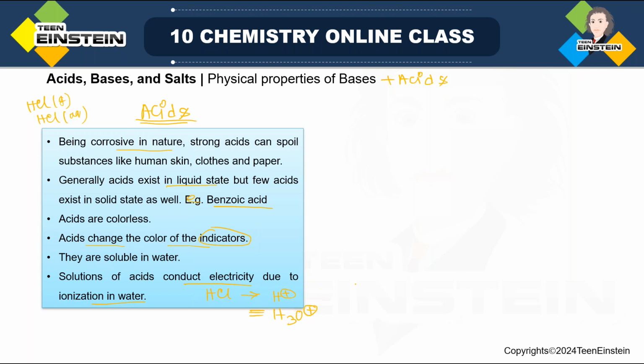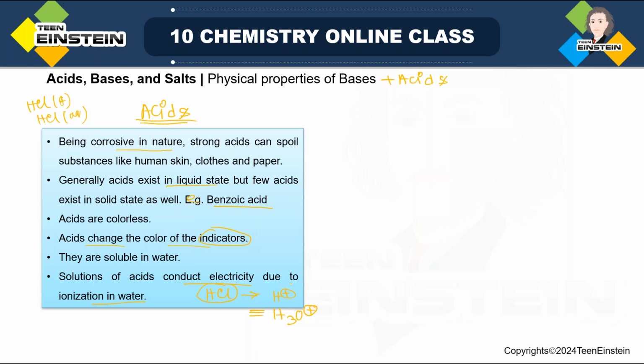So what I'm trying to say here is that ions are generated from a neutral molecule, and without ions, electricity conduction is not possible. There must be some charged particle, then only electricity conducts. So a solution of acid can conduct electricity because of this type of ionization.